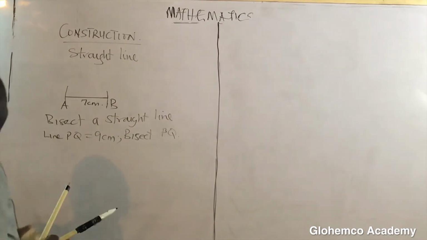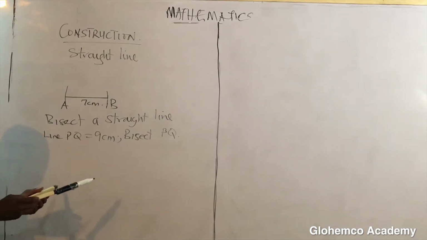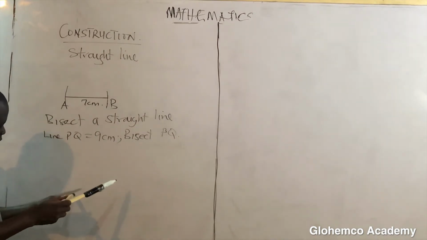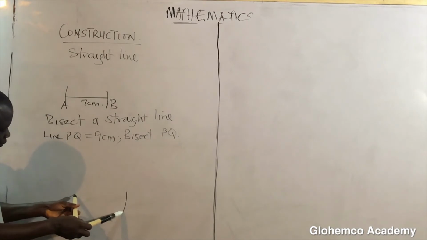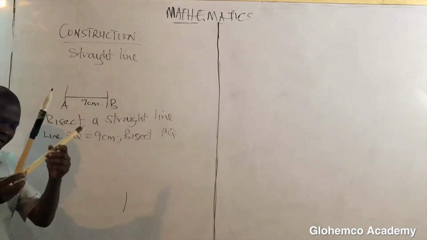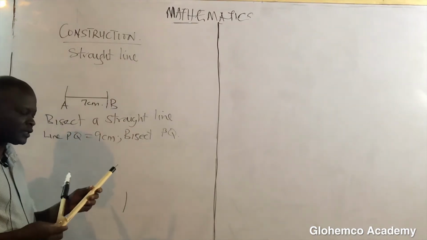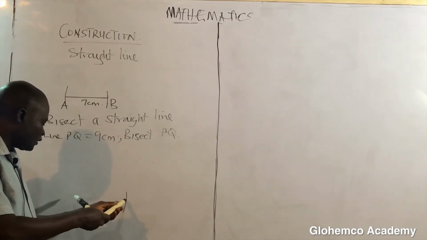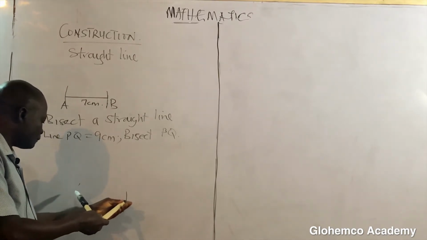When it rests on 9, you take your compass down to the paper and mark an arc like this for one end. Then you return the compass to the place where you have marked an arc. Place the nail on the arc that you have already marked and get the other end marked.